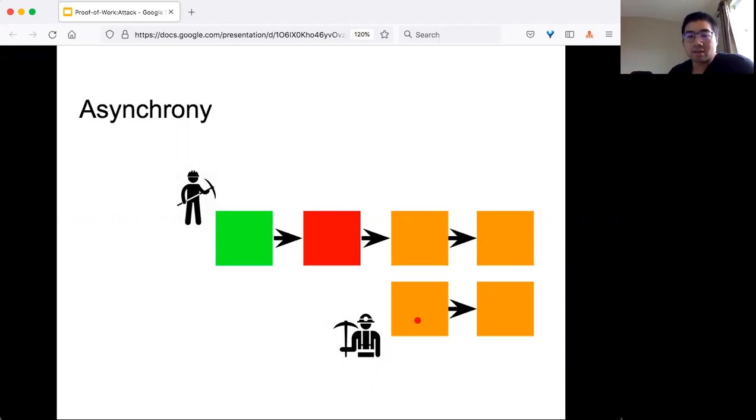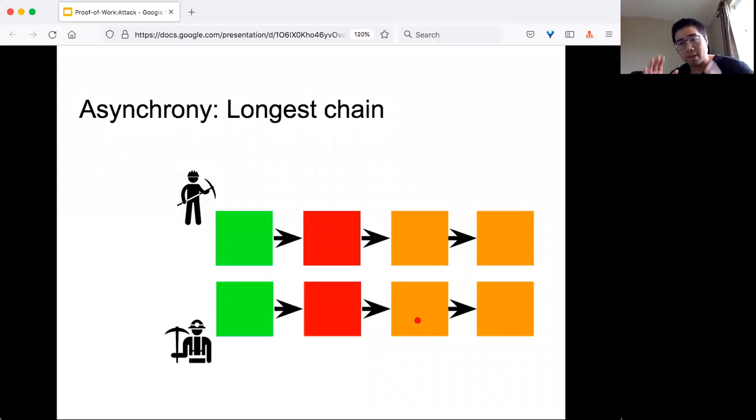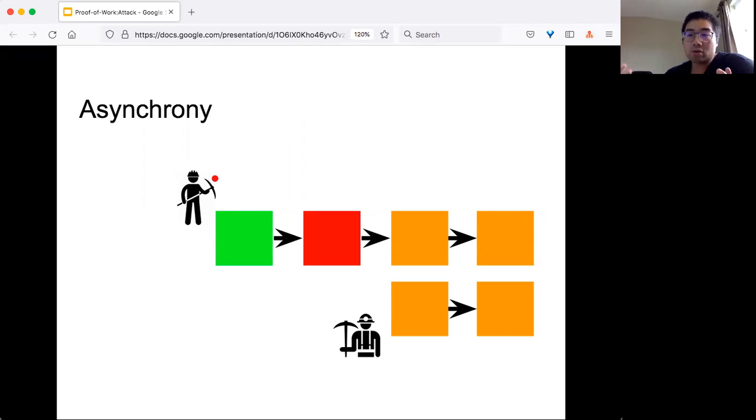Then in this case, what's the design that allows miners to converge to the same blockchain? There are many different designs, and one of the most popular, and I believe the one used by Bitcoin right now, is the longest chain. So when the bottom miner receives the update from the top miner, it will see that the top miner already has 4 blocks, but it only had 2 blocks.